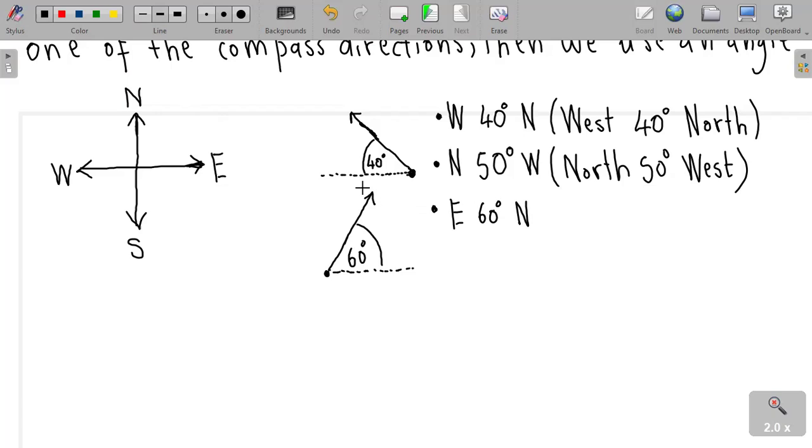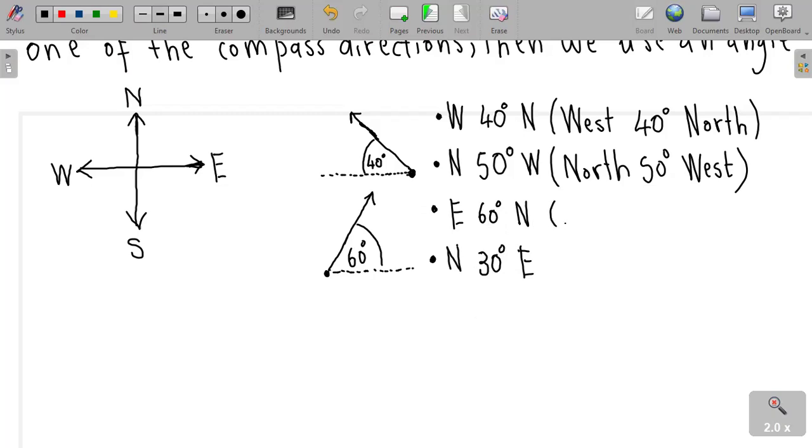Then we can swap, like I said. We can exchange the two directions. We can start with N and end with E. But then what has to happen here? The angle that is here must add up to 90 with that one. So then it's going to be 30 degrees, because 60 plus 30 gives 90.